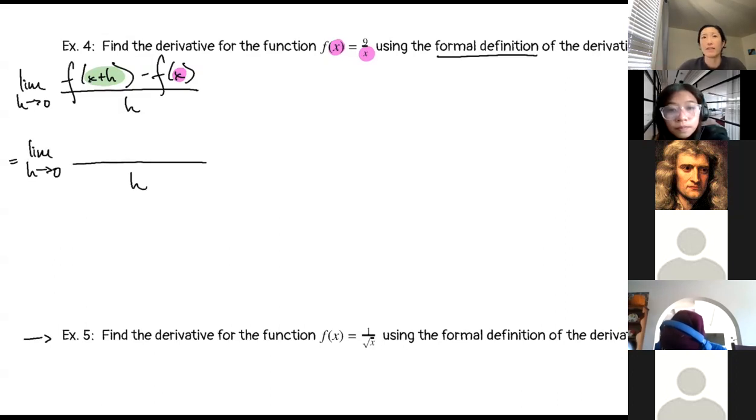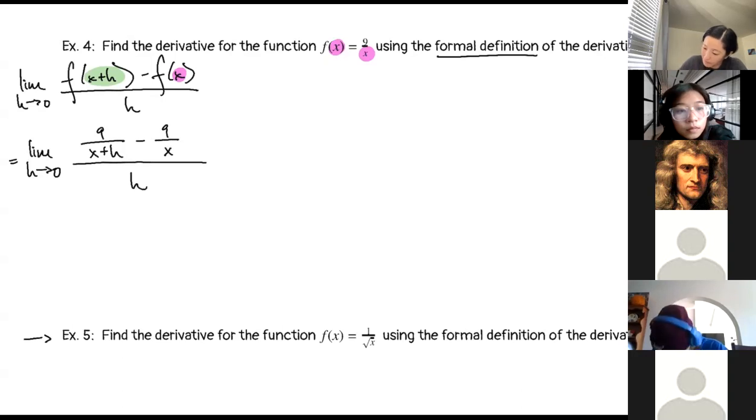9. Thank you for putting those parentheses there. 9 over x plus h. That is exactly right. 9 over x plus h minus 9 over x. And so we have our x plus h and we have our x. All right.